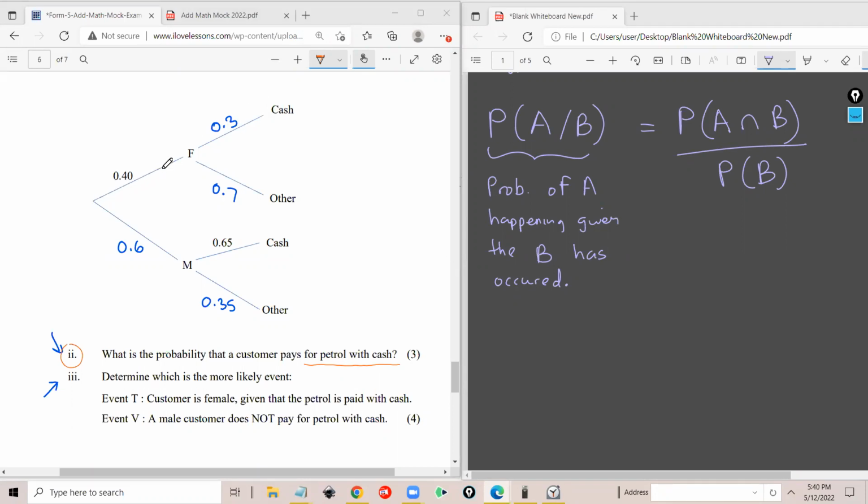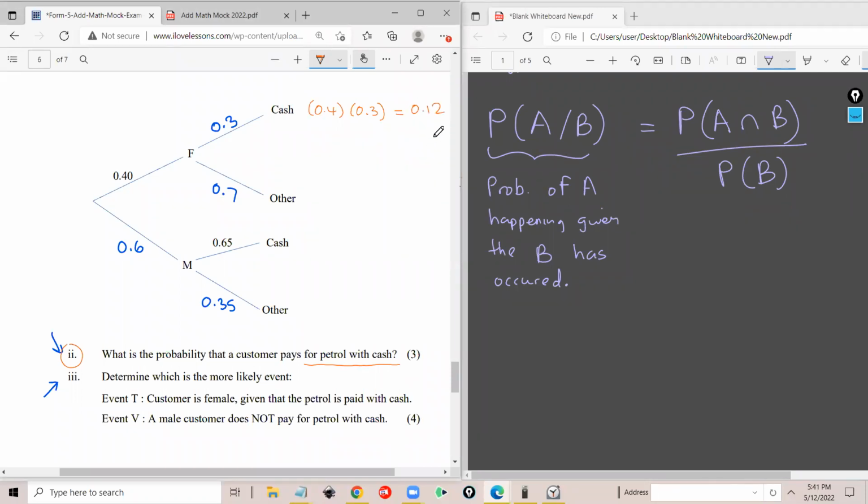When you're moving across this way, you multiply. So being a female and paying with cash, the probability will be 0.4 multiplied by 0.3. So you're multiplying these 2, 0.4 and 0.3. So I think that will give me 0.12.